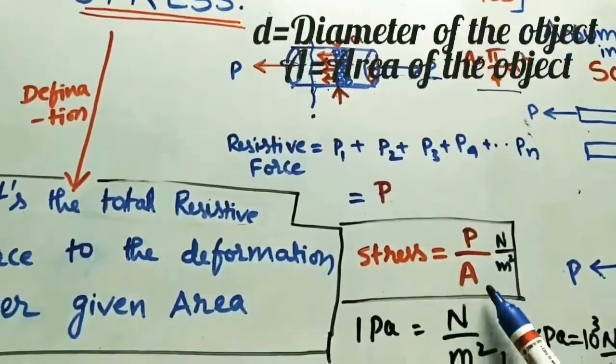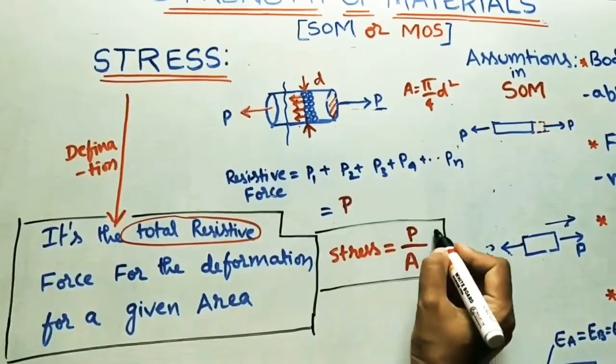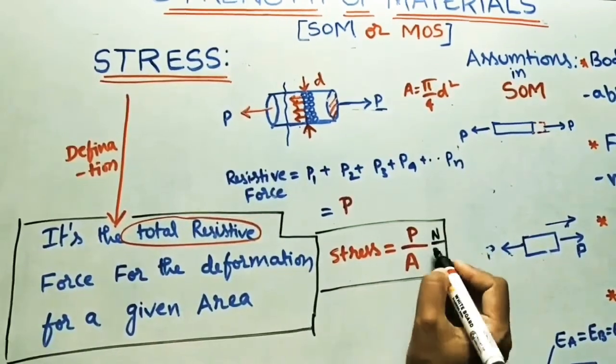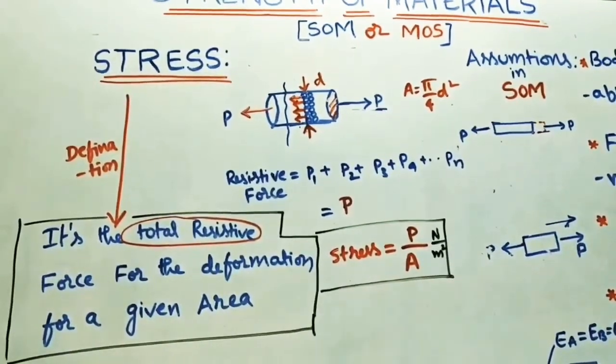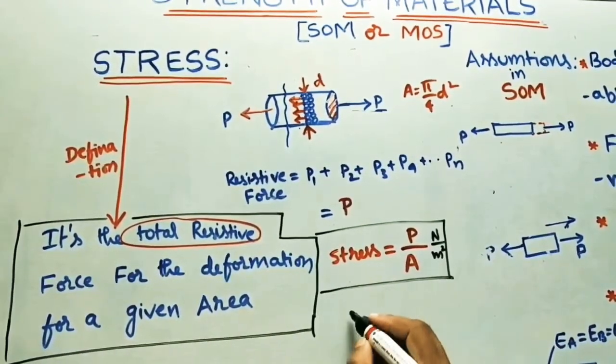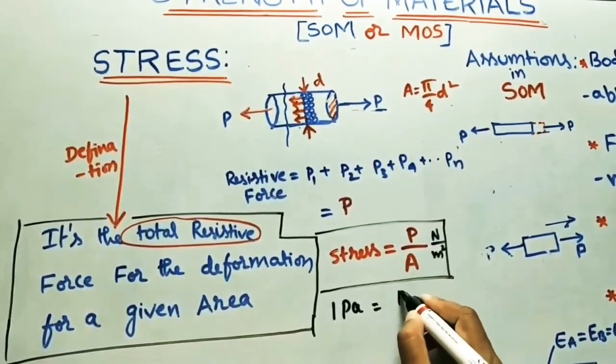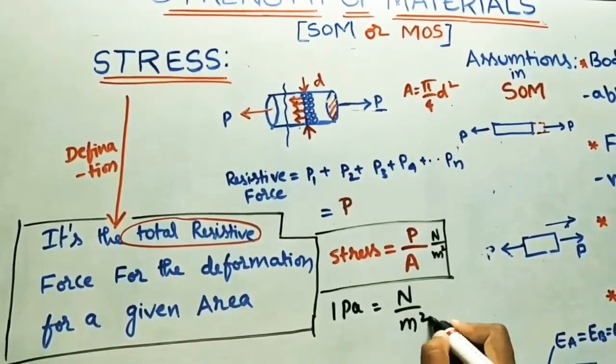Now take the area here. So what are the units for stress? As we know, for force it is Newton, and for area it is meter square, so Newton by meter square. Sometimes they give it in terms of Pascal. 1 Pascal is equal to 1 Newton by meter square.